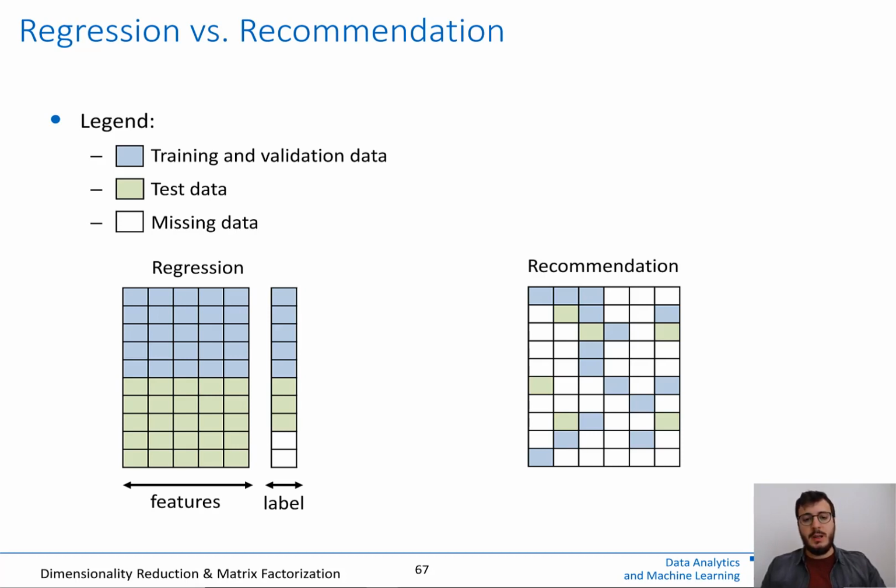So basically in regression, we're given a data set, let's say with users. Each row is a user. For each user, we have a set of features, and then we're trying to predict a single variable. Maybe this is the likelihood that the user will buy a house. And the way we divide the training and test data is basically we select a bunch of rows randomly, we use these to train the model, then we hold out another set of rows which we use to evaluate our model.